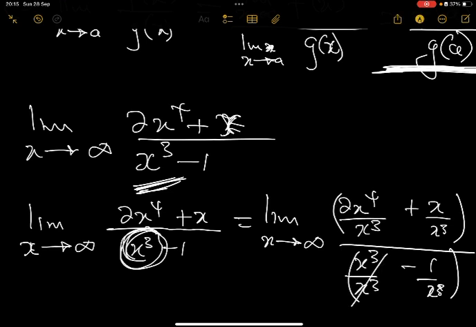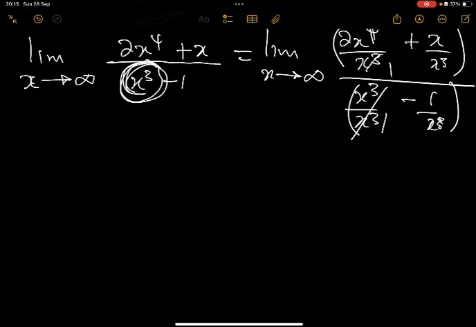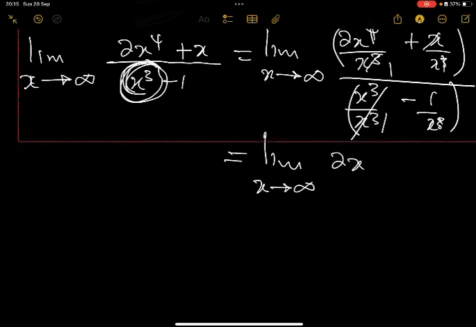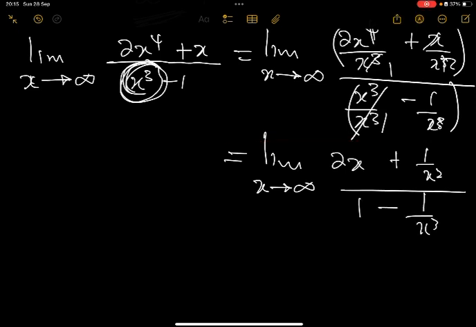This becomes 1, and we are left with 2x on top. So we now have the limit as x approaches infinity of 2x plus 1 over x squared over 1 minus 1 over x cubed.